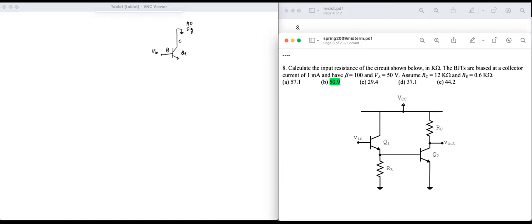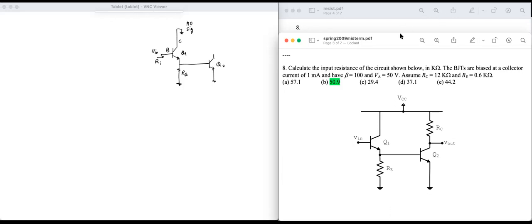And at the emitter of Q1, I have an RE, and I have Q2. All right, I want the resistance seen here. That's the input resistance. So that's the resistance seen looking into the base of a BJT.